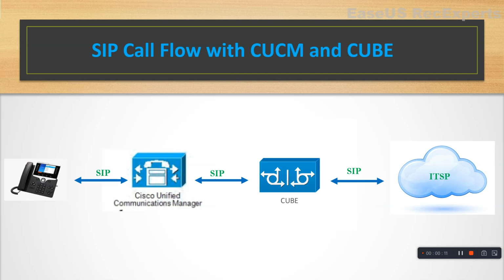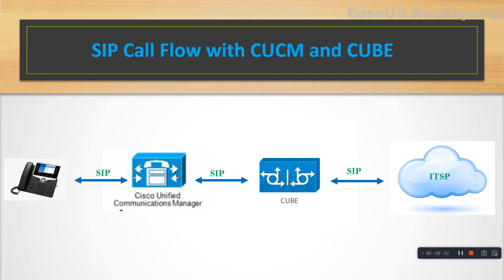So today we are going to learn and try to understand SIP call flow when we have CUCM and CUBE involved, a CUCM and CUBE between two SIP endpoints. The basic call flow that we saw in the beginning of SIP classes is just for understanding purposes, but when you are troubleshooting a SIP call flow in a production environment, you will always have proxy servers and back-to-back user agents between two SIP endpoints.